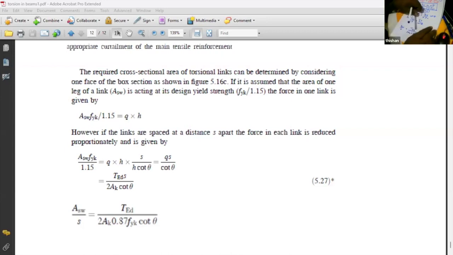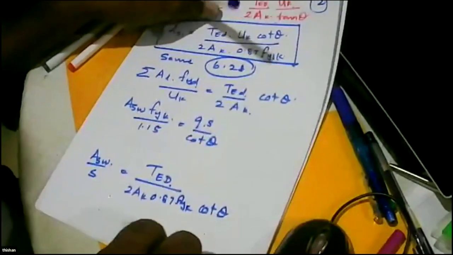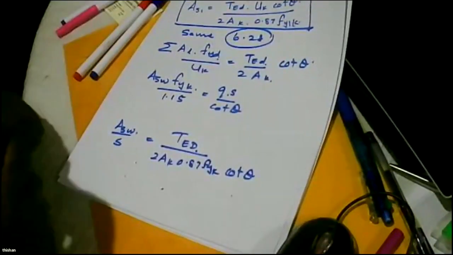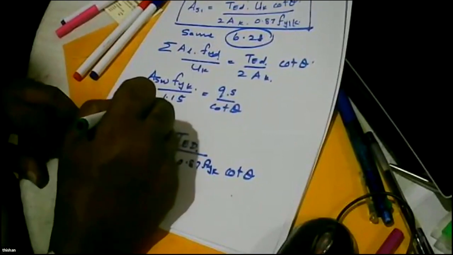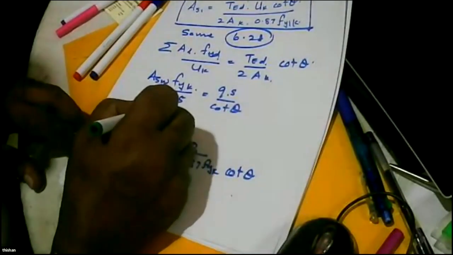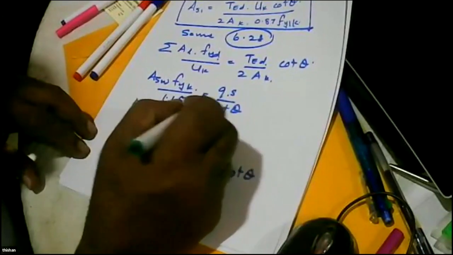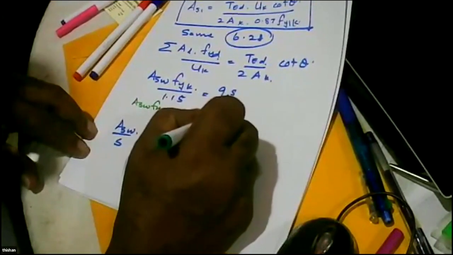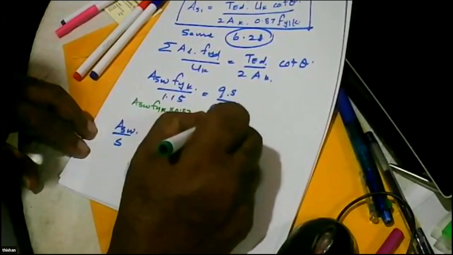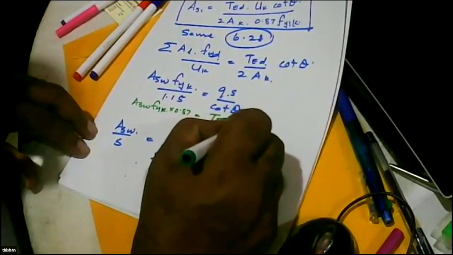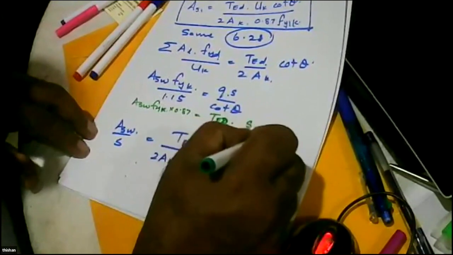So I will stop share now. We have this equation, and we have to see how to get this from this. So we get A_sw f_yk into 0.87 is equal to Q, which is T_Ed over 2 A_k, times s times cot theta.